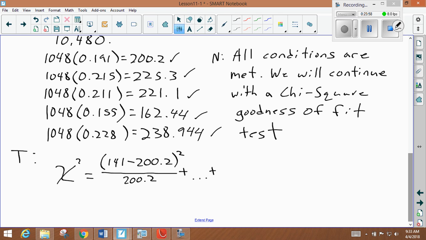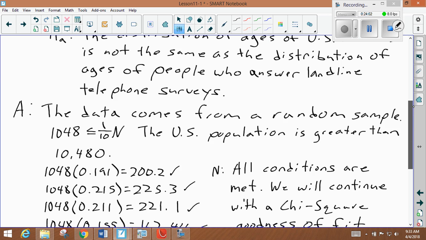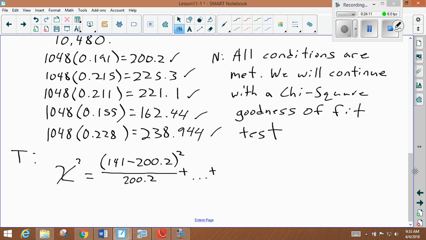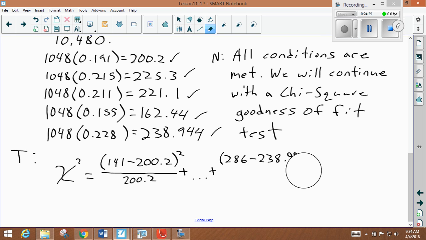The book doesn't, but I want to. So for 60 plus, our observed count was 286, minus our expected, which was 238.944. We'll just round that to 238.94. It's weird.